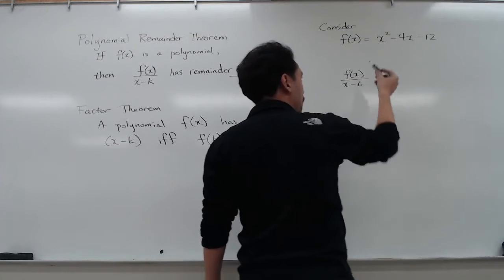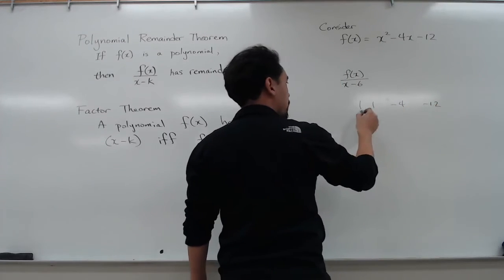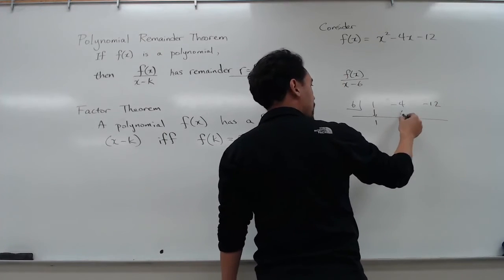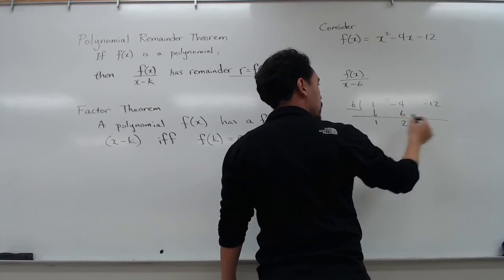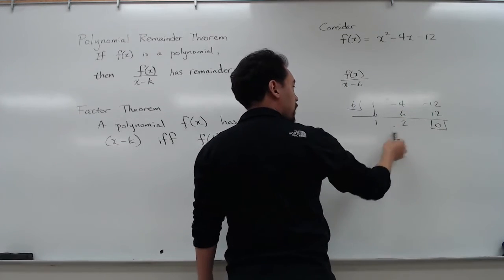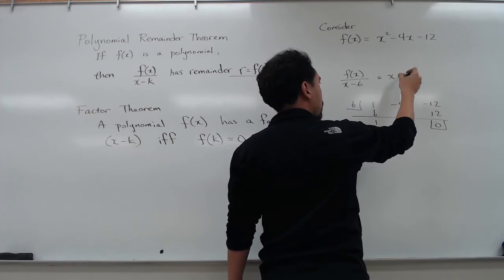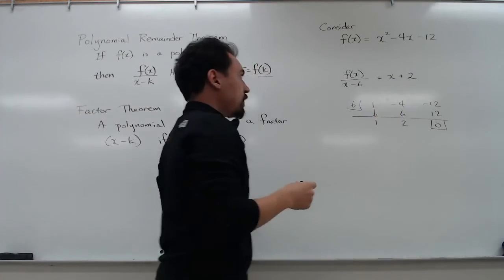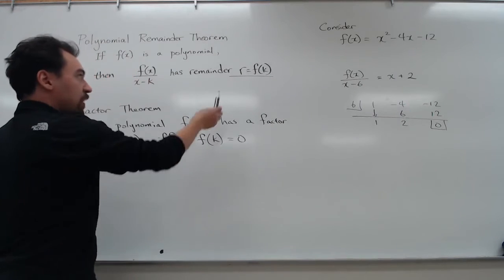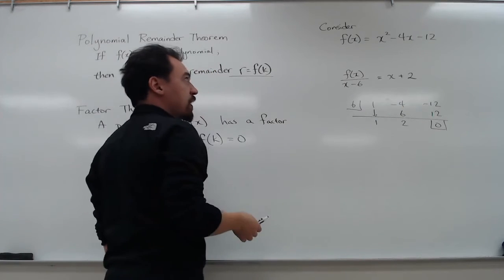Well, by synthetic division, I can write 1, -4, and -12, and then put 6 in the box. So then 1 comes down, 1 times 6 is 6, add those is 2, 2 times 6 is 12, and I get a remainder of 0 with a quotient of, that's constant in x, so this is going to become x plus 2. Now using this, because I have no remainder, I know that f of 6 is equal to 0.